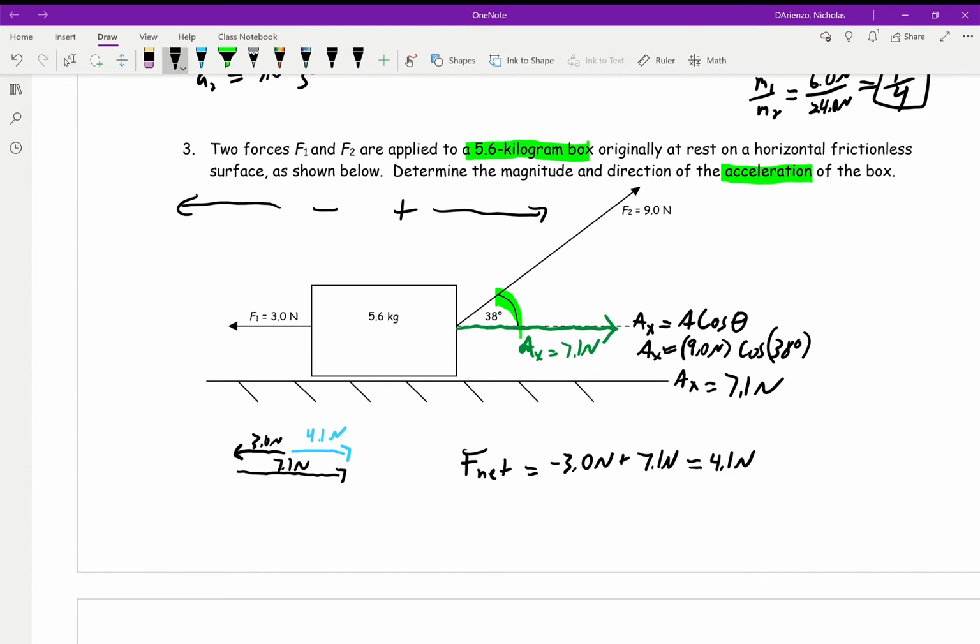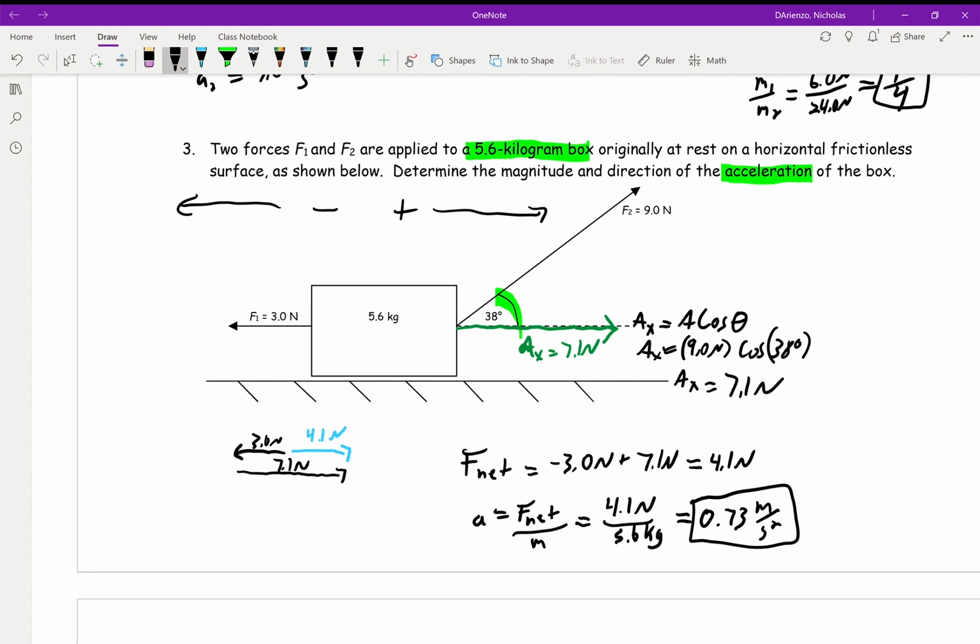Now we know that to find acceleration, we take the net force and divide it by the mass. In this case, our net force is 4.1 newtons acting to the right in the positive direction. We'll divide that by the mass of the box, 5.6 kilograms, which gives us an acceleration on the box of 0.73 meters per second squared.